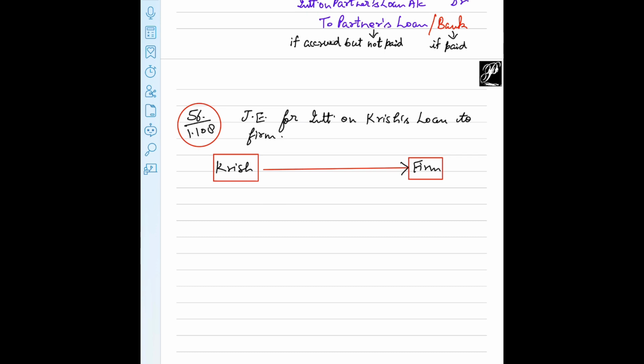Question says that on 1st of September 2021, Krish gave a loan of rupees 40,000 to the firm, and rate of interest given in the question is 9% per annum.